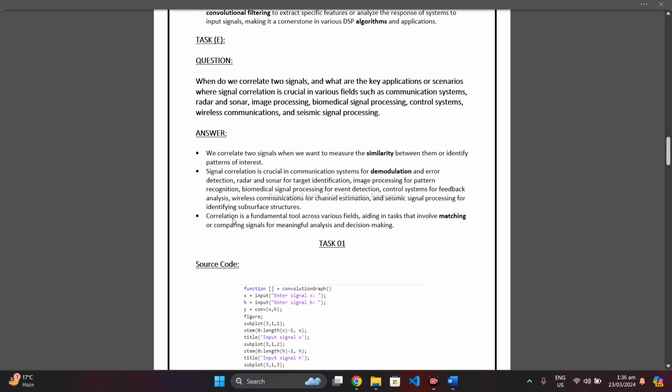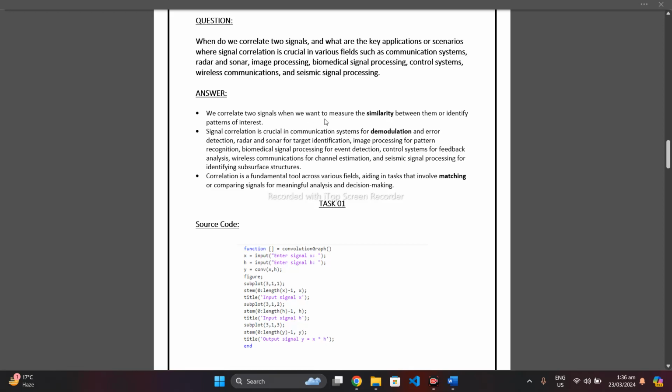Answer: we correlate two signals when we want to measure the similarity between them or identify patterns of interest.